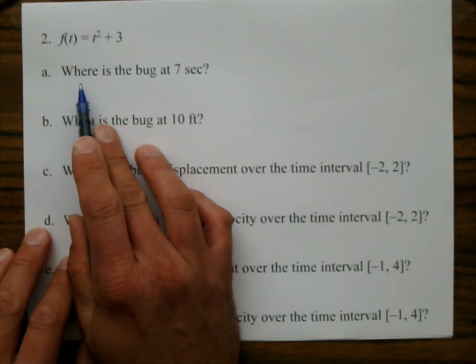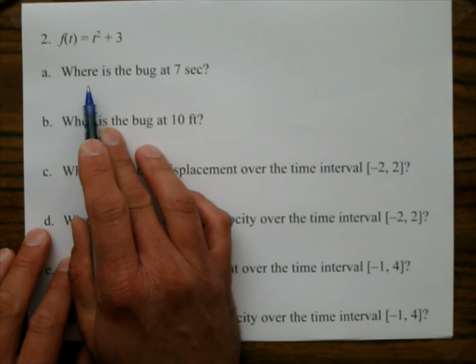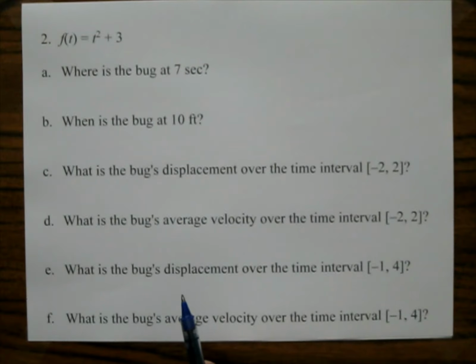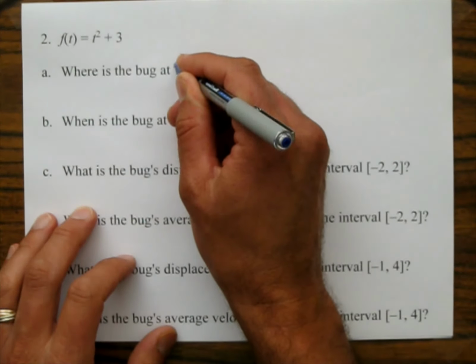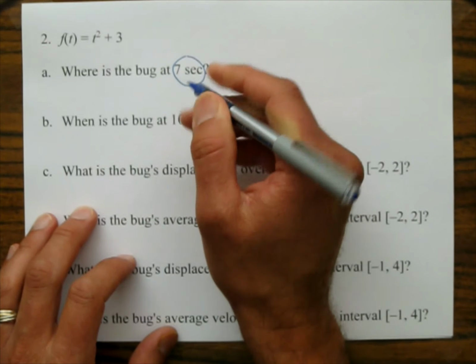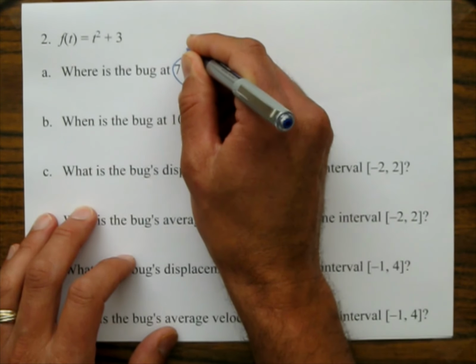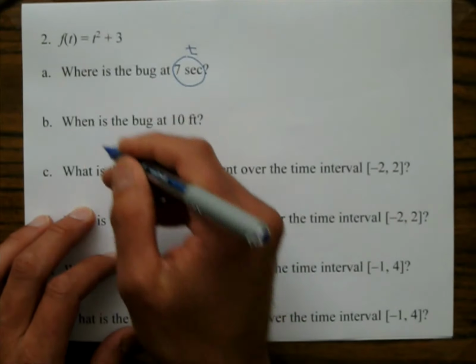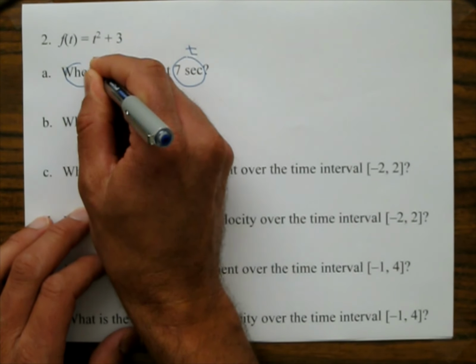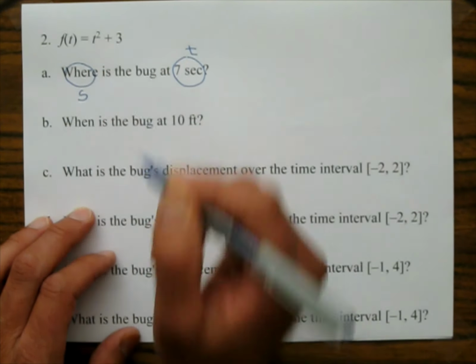Okay? So it says, where is the bug at 7 seconds? So the thing we want to realize is 7 seconds is a time. And they're asking us where, which is s.